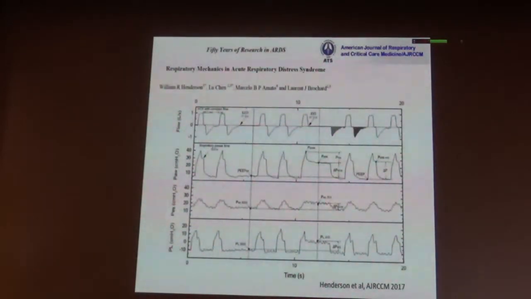This is because the esophageal pressure reflects only the part which is moving the chest wall. The airway pressure is the total pressure distending the lung plus the chest wall. If you remove the chest wall part, you have the lung, and this is what is indicated by the transpulmonary pressure. So what I'd like to show you very briefly is that it's possible to implement this measurement systematically in an ICU.